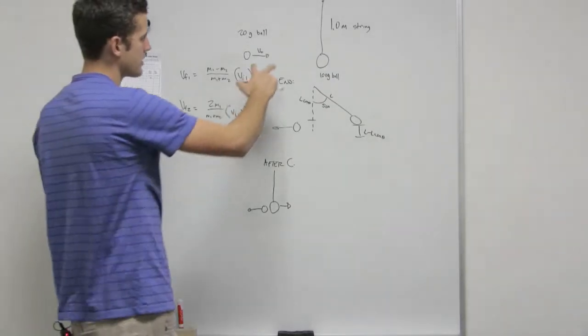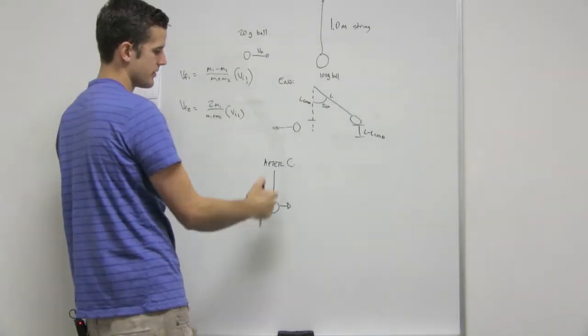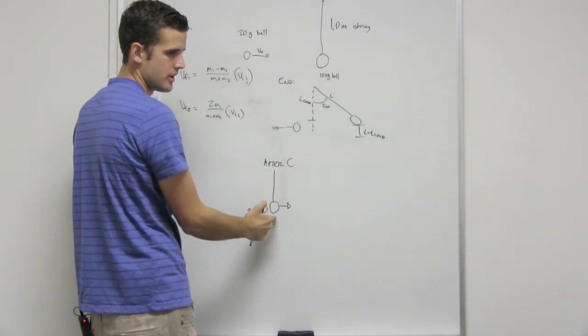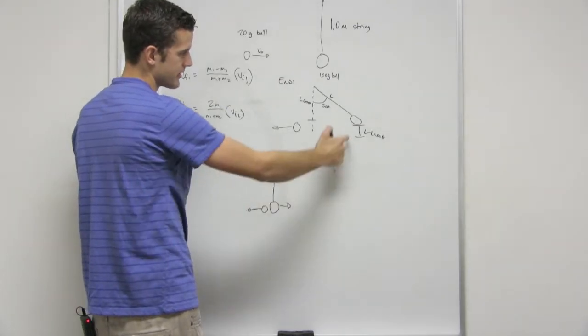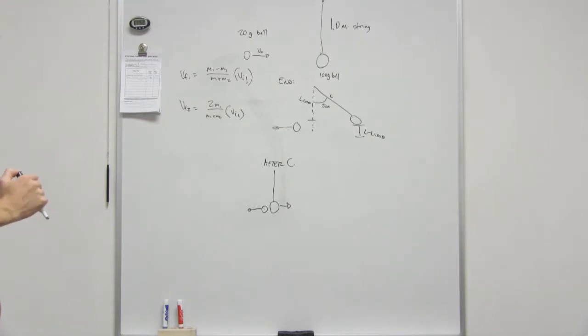So the first part, you have a perfectly elastic collision, which causes some velocity in this ball, which we then do energy to find out how much velocity it originally had. Okay, let's do it.